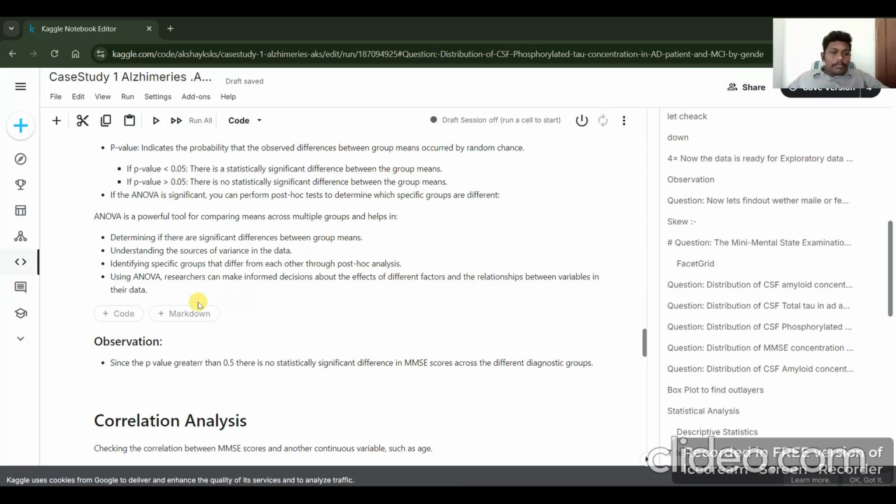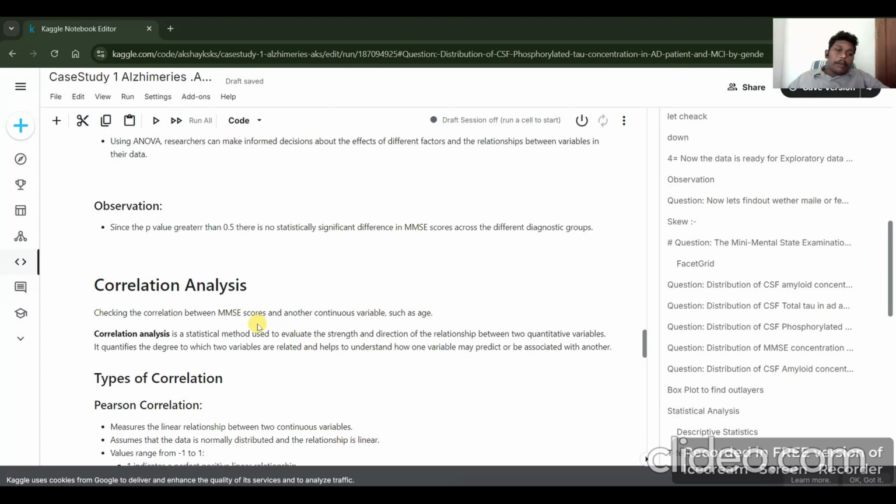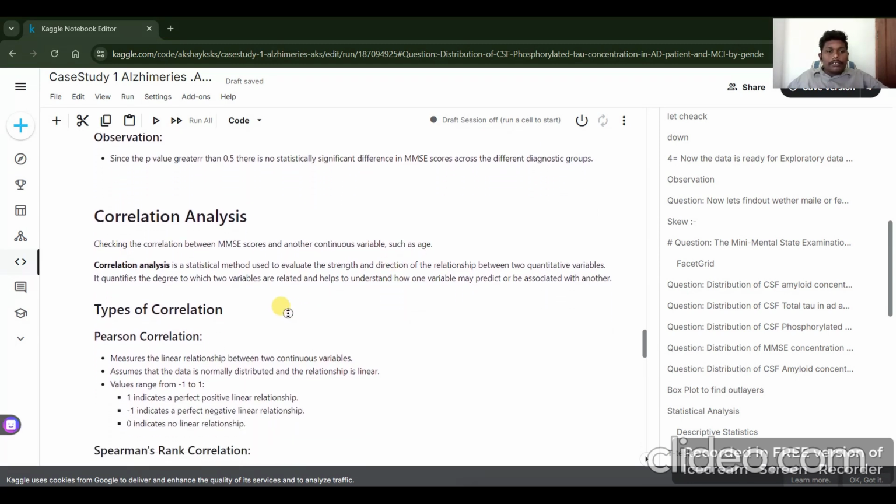Next is correlation analysis, checking the correlation between memory scores and another continuous variable such as age. Correlation is a statistical method used to evaluate the strength and direction of the relationship between two quantitative variables.